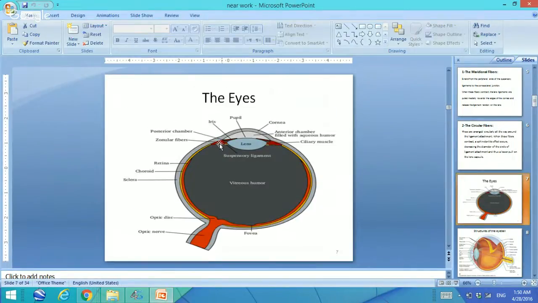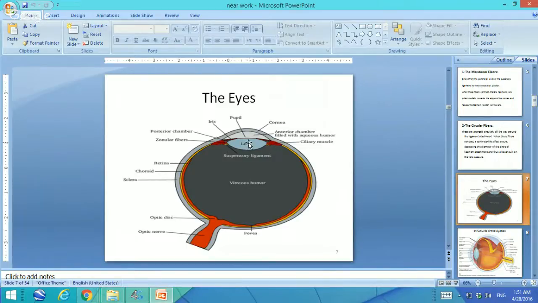Please see here, this is the picture of the whole eye. These are the three layers. This is the outer one, the sclera, and here is the cornea, then the choroid, and the innermost is the retina.